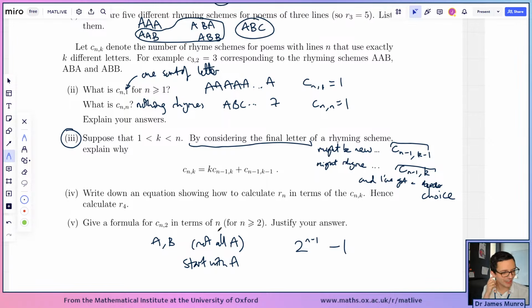How should we lay out these kind of explanation questions? It doesn't really matter. I would encourage you to use some words. They don't have to be as stupid as the words that I'm using, but writing down some words is a good idea. So in particular, for this sort of question, you're trying to illustrate that you understand what the cases are, and that within that case, just give me something for why it's these subscripts.